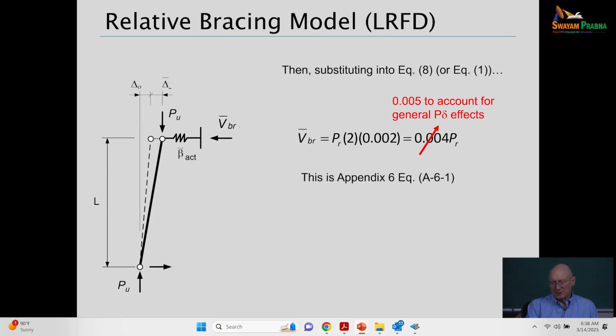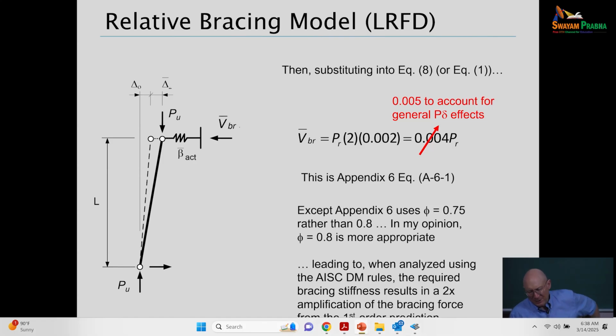And so this is Appendix 6, equation A-6-1, except Appendix 6 actually uses phi of 0.75 rather than 0.8. I would say 0.8 is more appropriate. It leads, when we apply the direct analysis method, to a bracing stiffness of 2 times the amplification. But what the spec is really doing is saying, we're using 0.75 here, that pretty much rounds to 0.8, so we're not going to worry about the difference between the two.